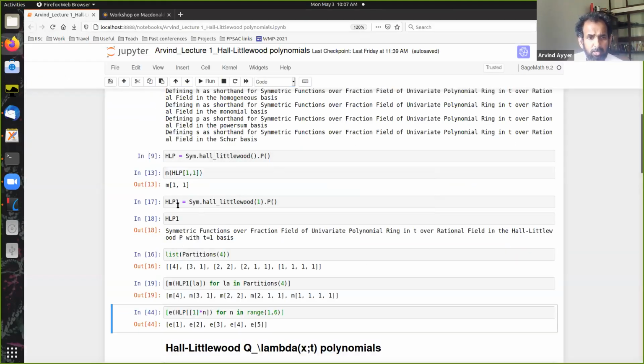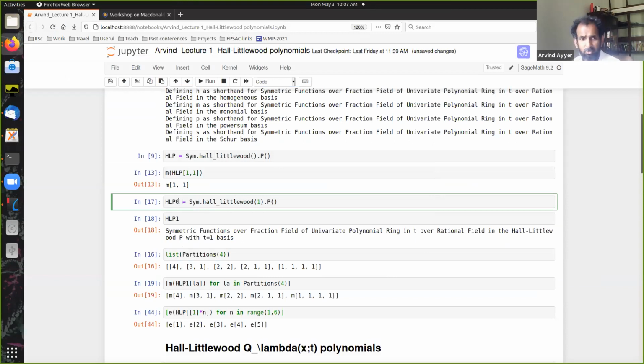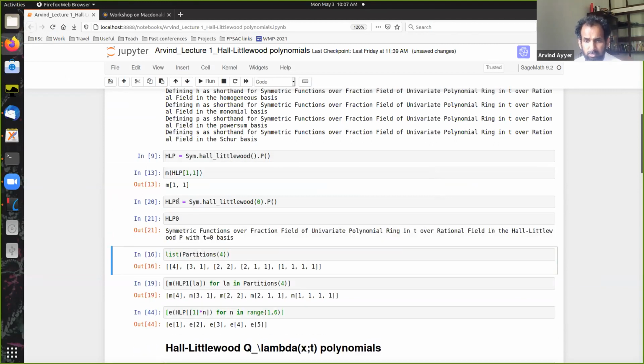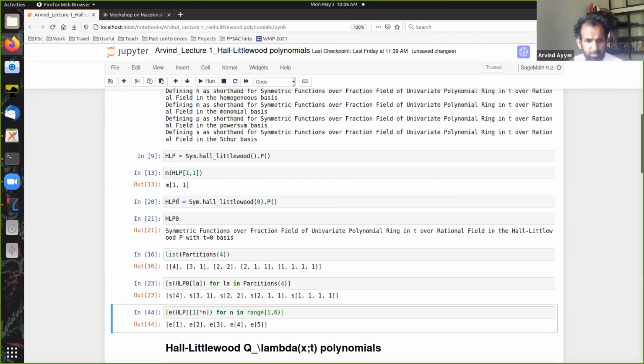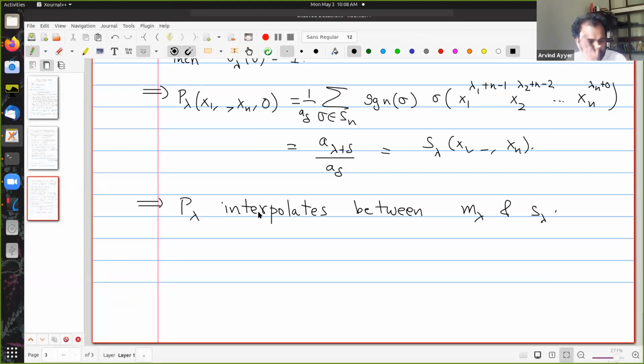So now let me define HLP0. It's a new class of symmetric functions. I'll just do everything again. And now if I expand over this, I'll get something complicated. But if I expand in terms of the Schurs, I'll get the Schurs. Okay.